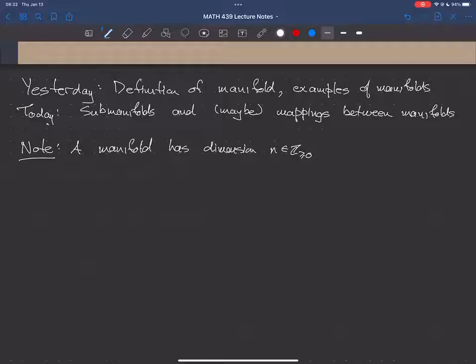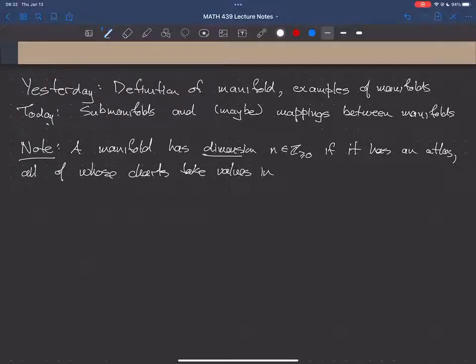So a manifold has dimension n if it has an atlas all of whose charts take values in Rn, where that n is being specified.